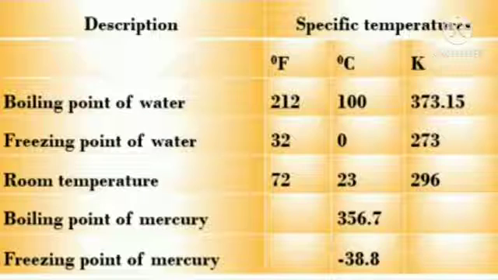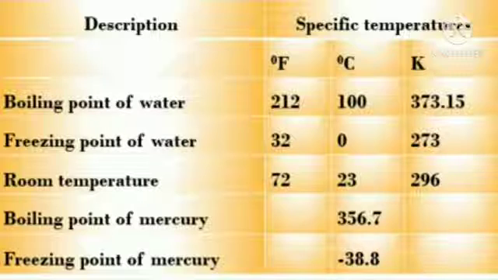Freezing point of water, it is 32 degree Fahrenheit and 0 degree Celsius and 273 Kelvin. What is the room temperature? Here, the room temperature is 72 degree Fahrenheit, 23 degree Celsius and 296 Kelvin.